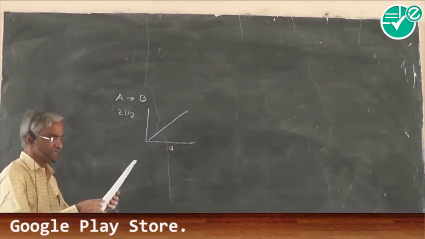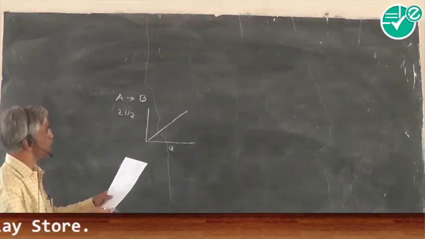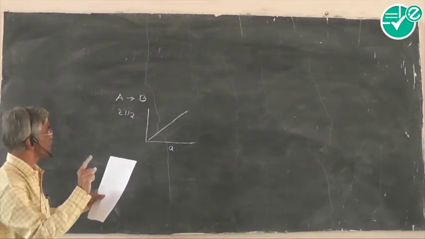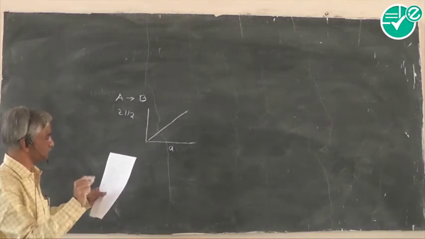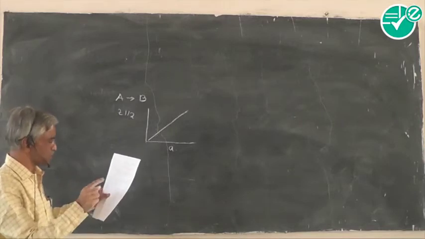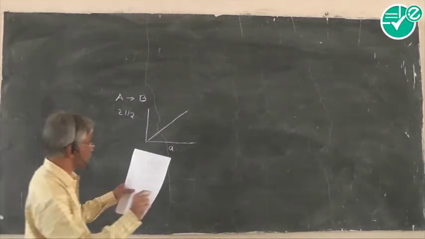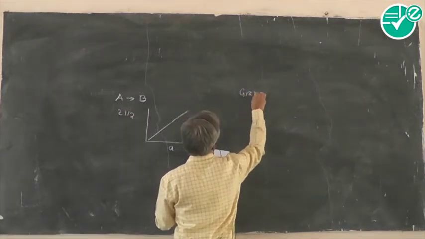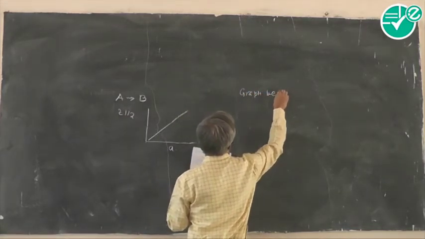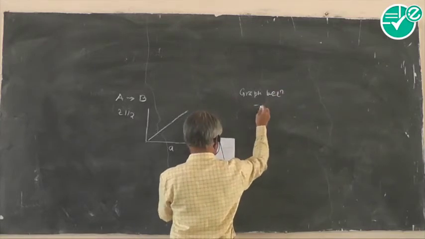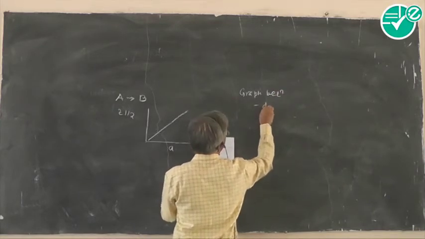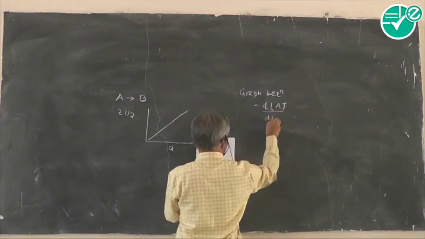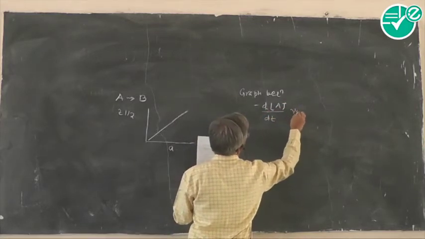They say we have four different graphs, and they ask for the graph of the rate of change of concentration of A with respect to time versus time. What should be the nature of the following graph? They are asking for minus the rate of change of concentration of A with respect to t, versus time.